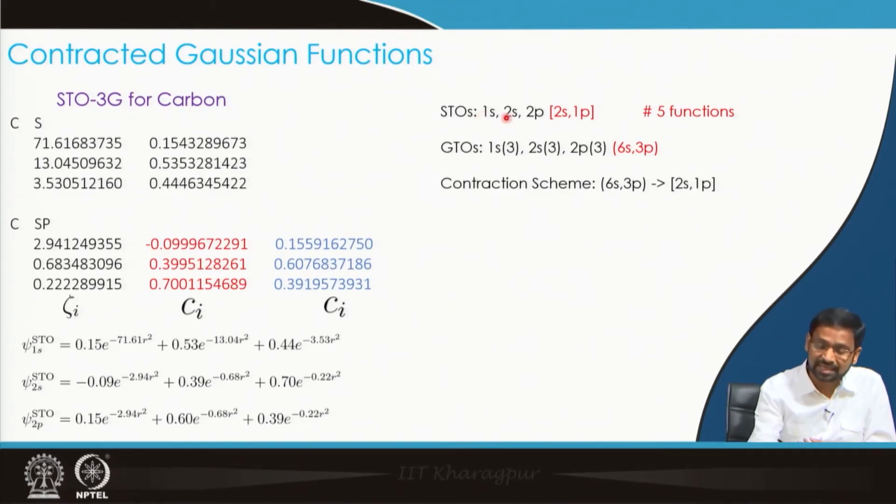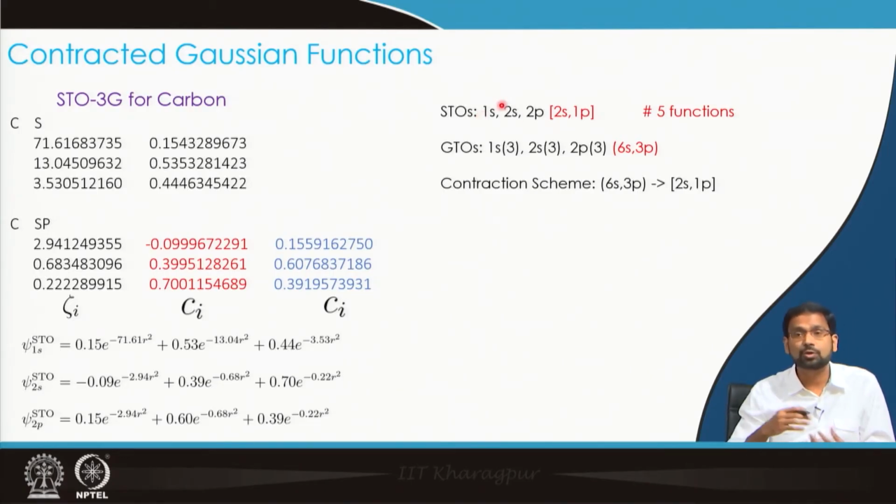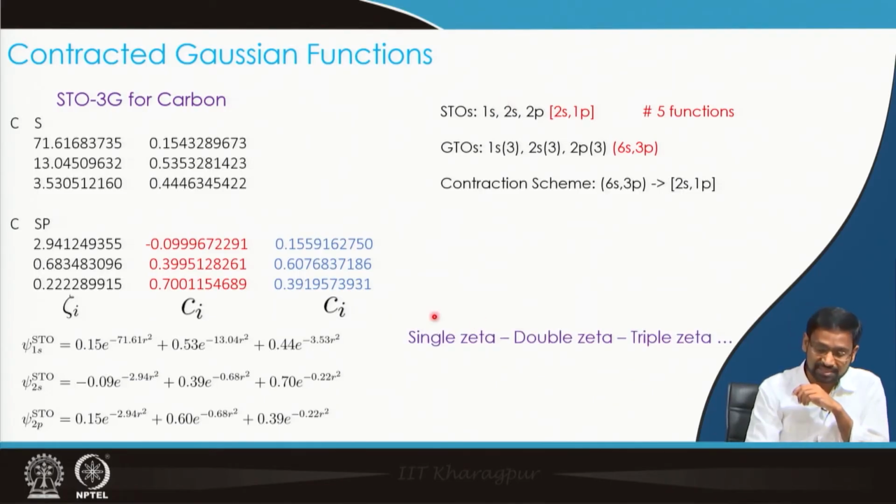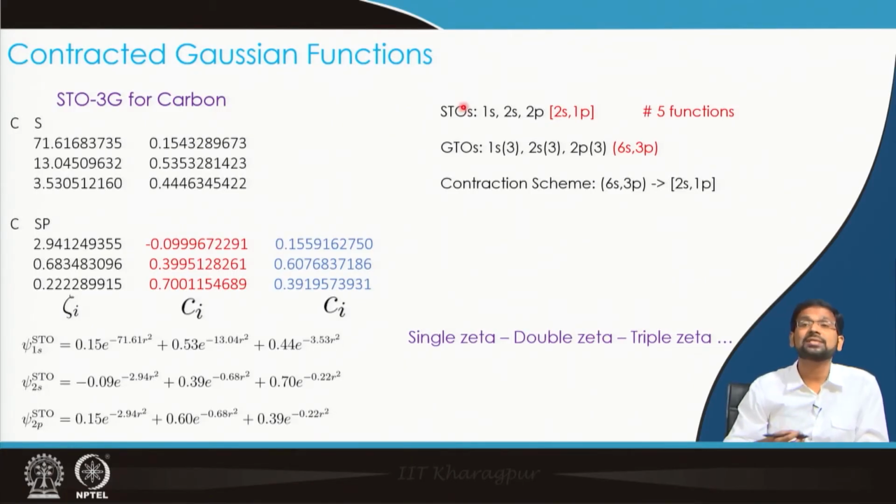Instead of taking a single Slater type orbital, we can take 2 or even 3 or even 4 Slater type orbitals. By Slater type orbitals, what do I mean? I mean I would have 4 different Slater type functions with 4 different exponents. So essentially the zeta values would be different. So that brings to this idea that instead of having these single zeta functions, as we have discussed here, let us have double zeta, let us have triple zeta to represent each atomic orbital.